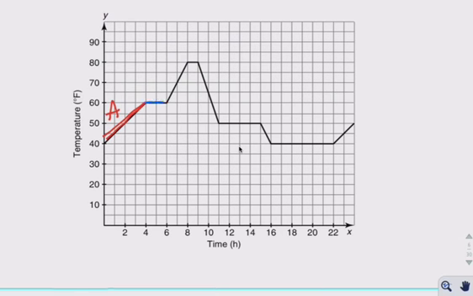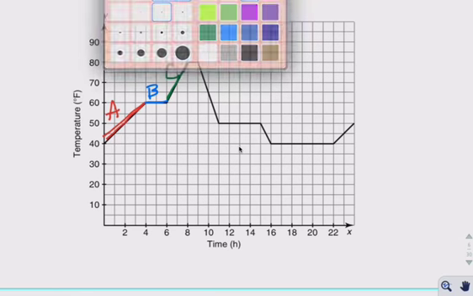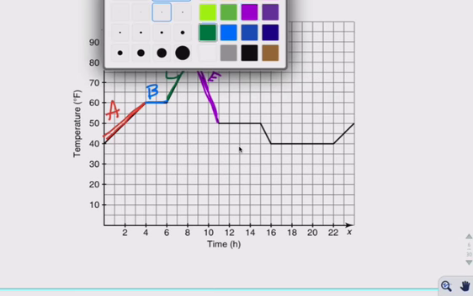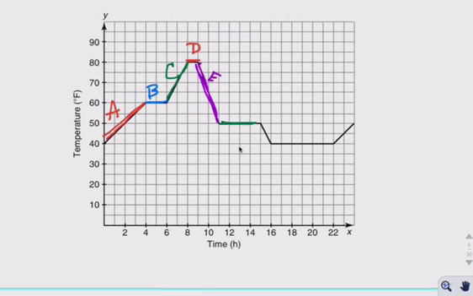This segment right here is B. This segment right here going up is C. This segment right here, a little segment, is D. This segment going down is E. This segment right here, a flat line, is F. Horizontal.